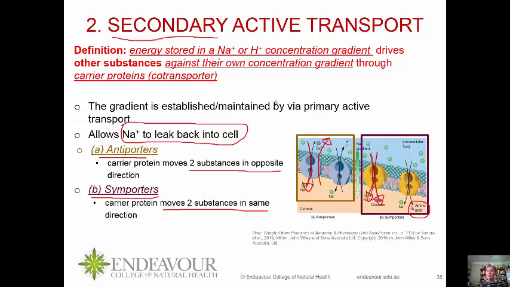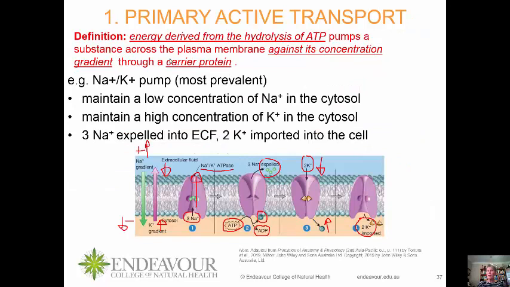Where they get the energy from, though, is from the energy that was created or stored as a response to what the primary active transport did. So let's go back very quickly to primary. Remember, it was the energy derived from the hydrolysis. So what happens when ATP is broken down?